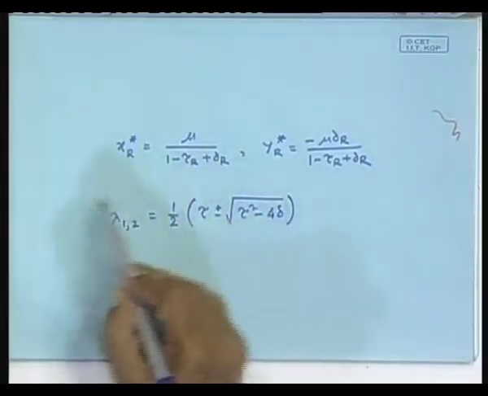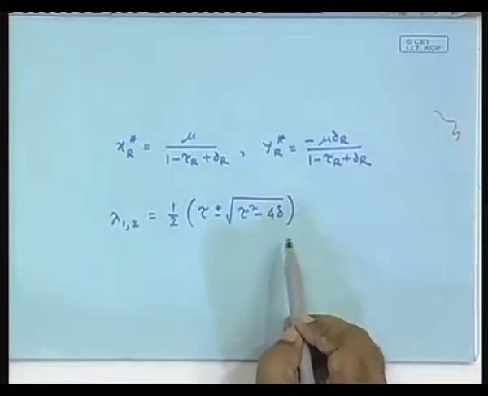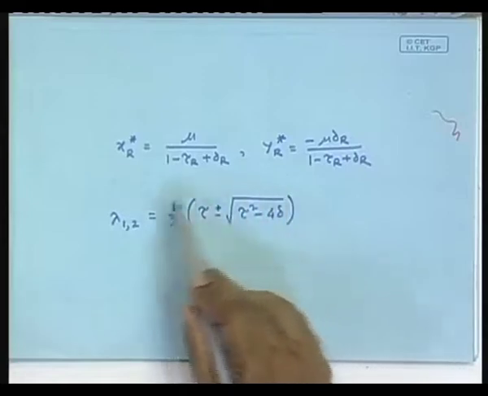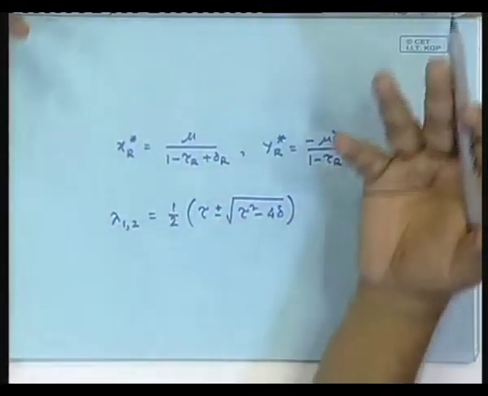So, this is the expression for the eigenvalues, and when these eigenvalues are less than unity, the fixed point is stable. If these eigenvalues are greater than unity, it is unstable. Clear?